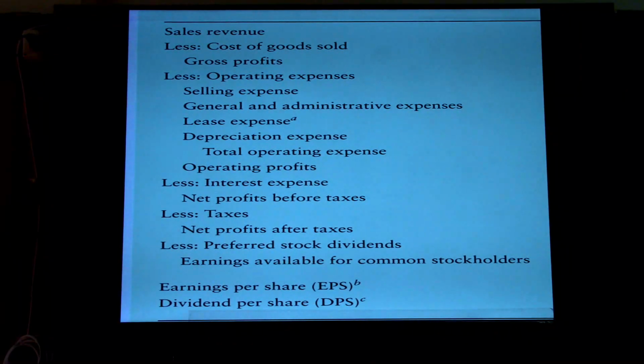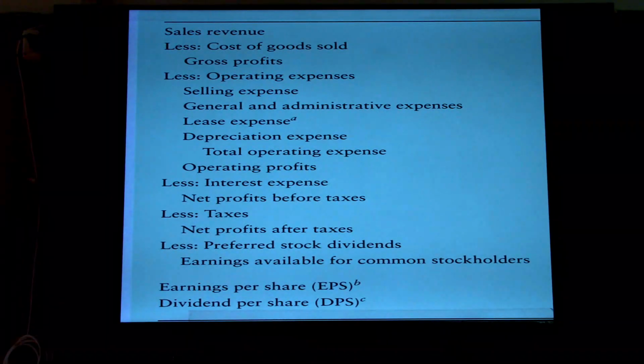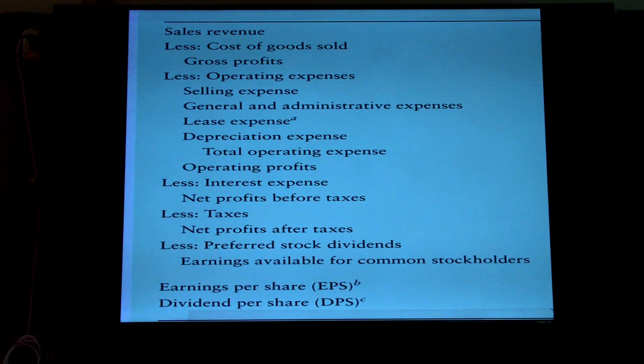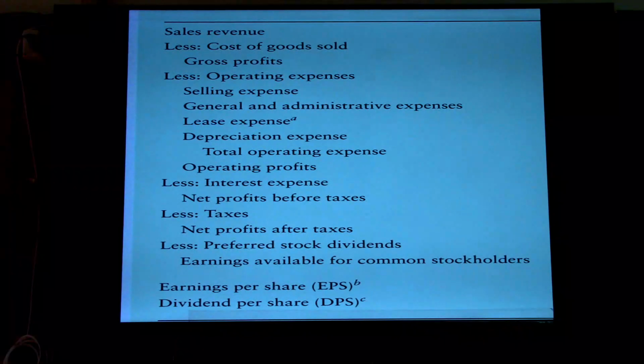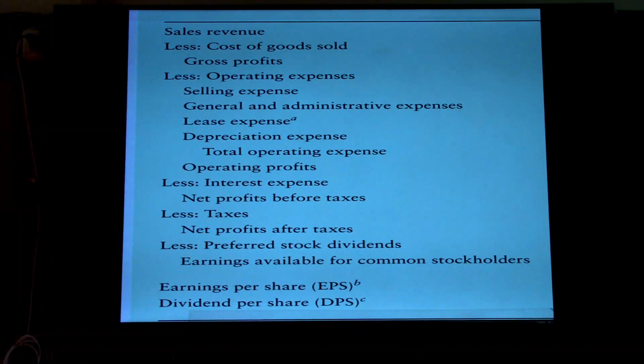This will give us what we call gross profit مجمل الربح minus all types of operating expenses المصاريف التشغيلية such as selling expenses, general and administrative expenses, lease expenses, depreciation expenses, and then we have what we call total operating expense.